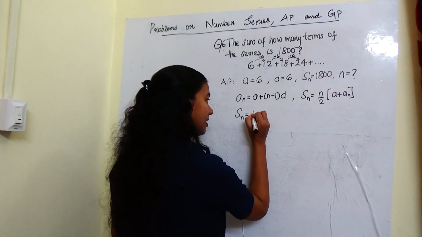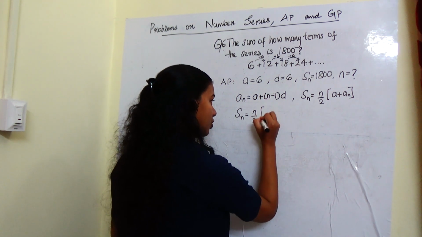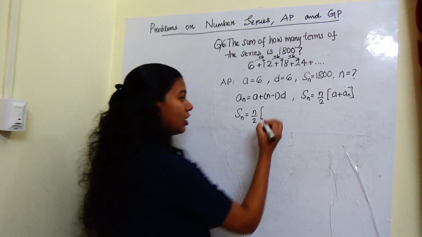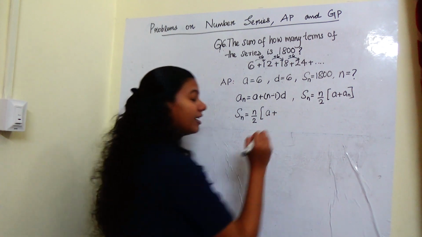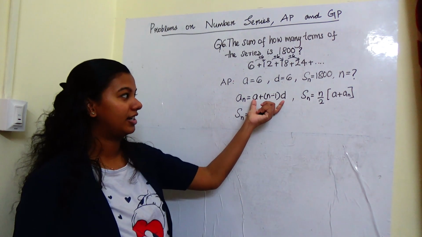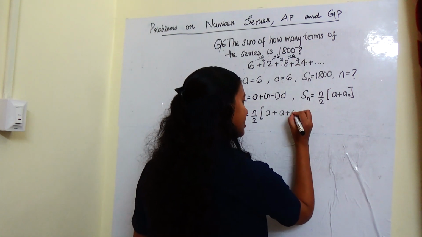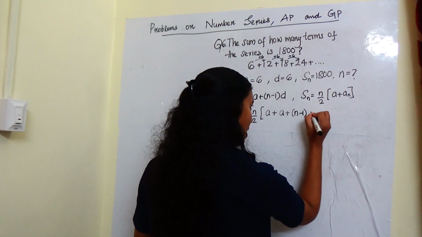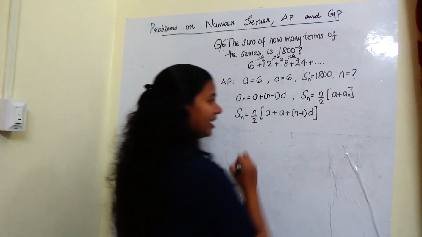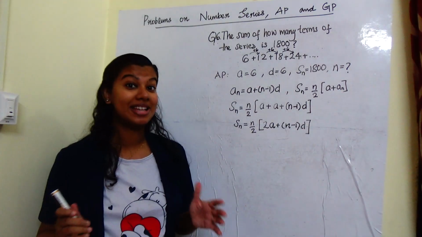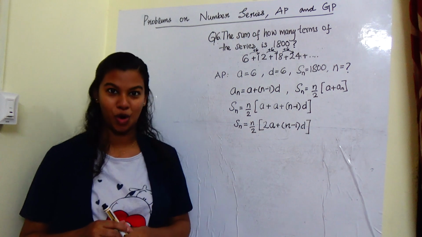Sn equals n by 2 into a plus an, right? So I'll put a plus, instead of an, I'll write out this formula here. It is a plus n minus 1 into d. So now let's substitute the values in this formula.